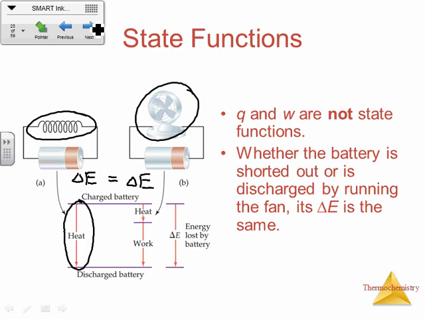But if you're actually using it to run a fan, then some of that energy gets lost to heat, and some of that energy is used to do some work, okay? So overall, the total energy change is the same, but the Q and the W are not the same, okay? Here, the Q is much larger than over here, okay? And there is no work component on example A.